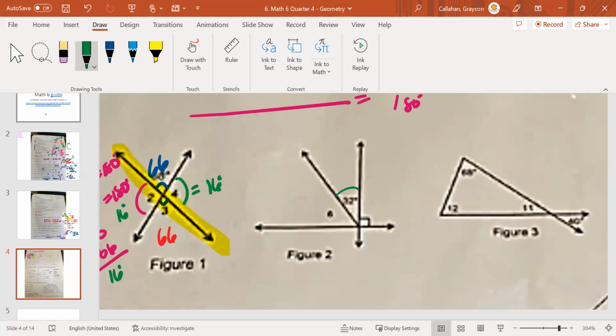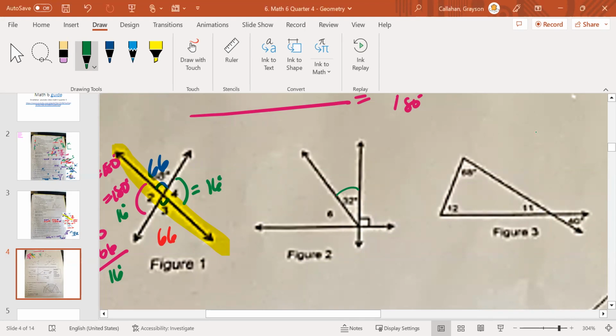What angle is this one right here? Are you sure that's 12? Is it 22 or 12? That makes a difference. Is it 22 or 12 on your paper? Where is your paper then? What is it? 32?